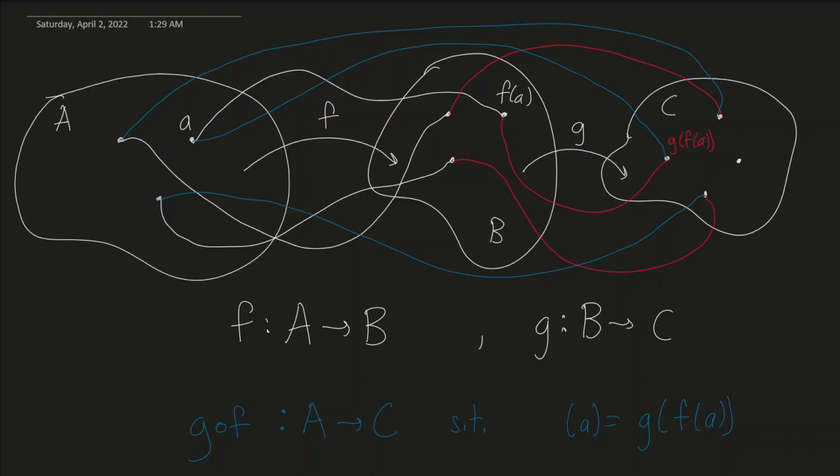That's been my experience with teaching high school students composition of functions. So we have g composed with f. That itself is a function, and we evaluate it in the domain of f. And the range of this function is the range of g.